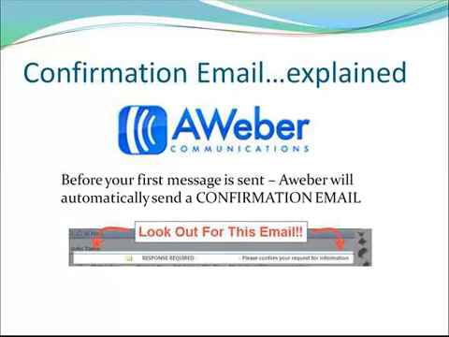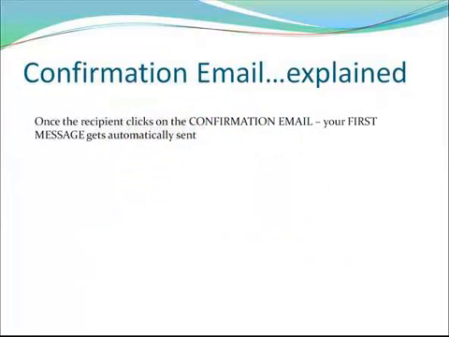In your email inbox, you'll have something that says something like, "Response required, please confirm your request for information." And what happens is you go to your inbox and you see this email, and you click on the email, and in that email is a link saying, "Can you please confirm that you did sign up to this list, or that you did request the free gift that you just signed up for?"